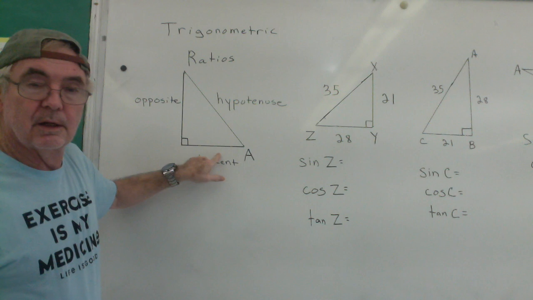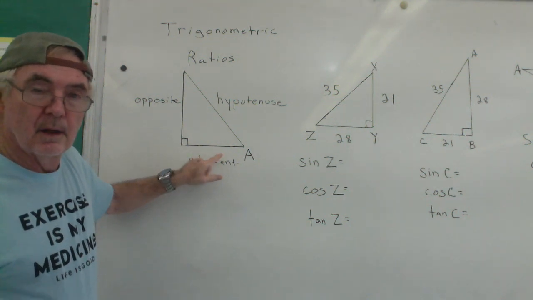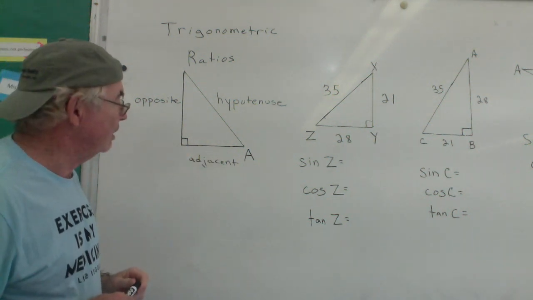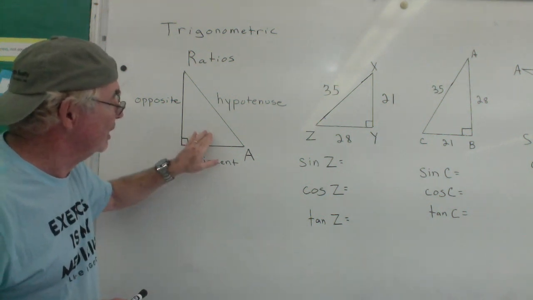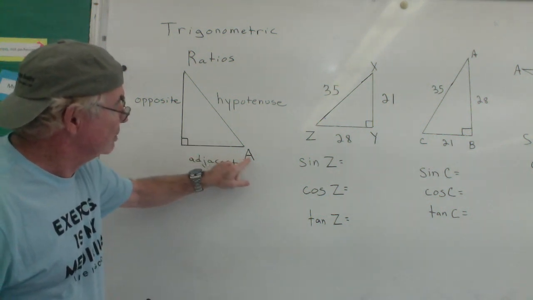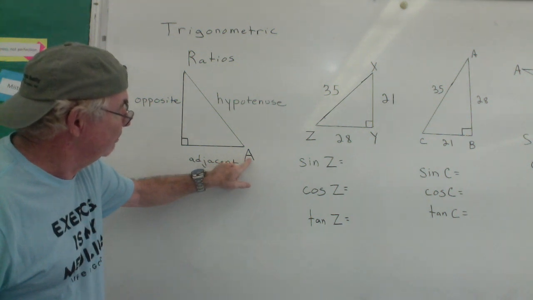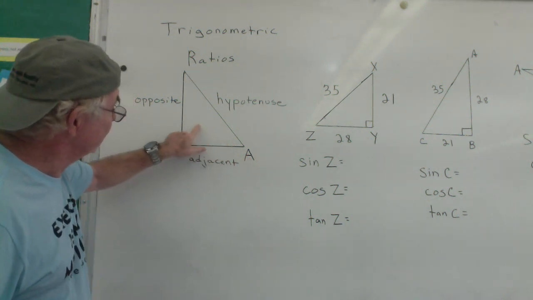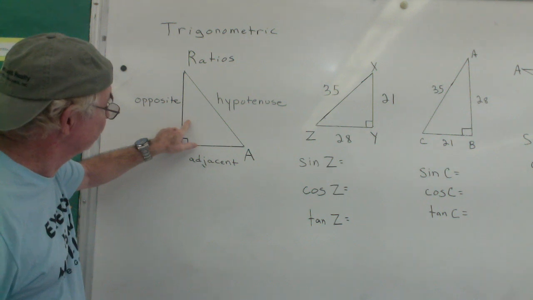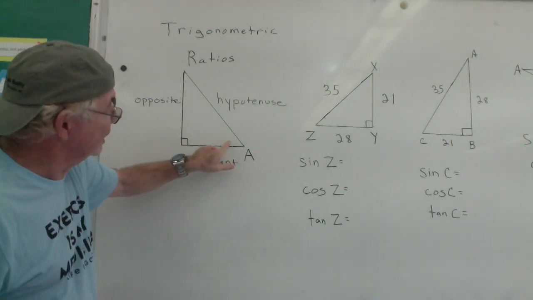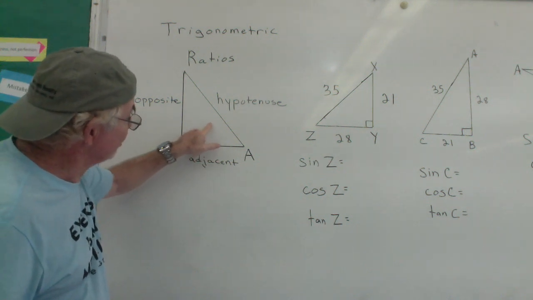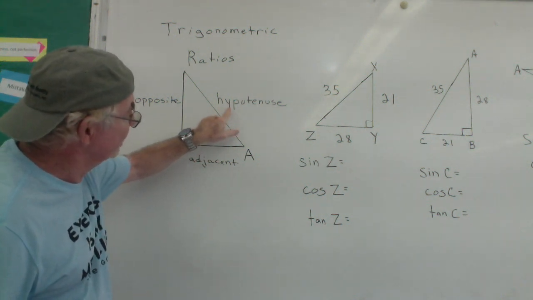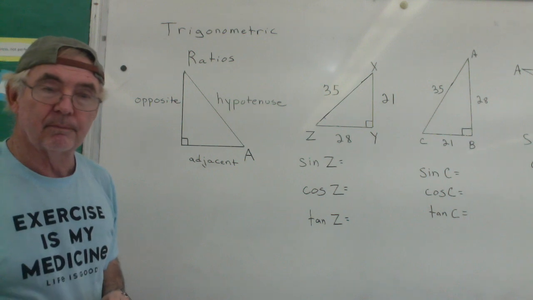So this side is called the adjacent. So our definition of our trigonometric ratios are going to be based on this. So here's the angle. Straight across from it is the opposite. Touching it is the adjacent, and across from the right angle is the hypotenuse.